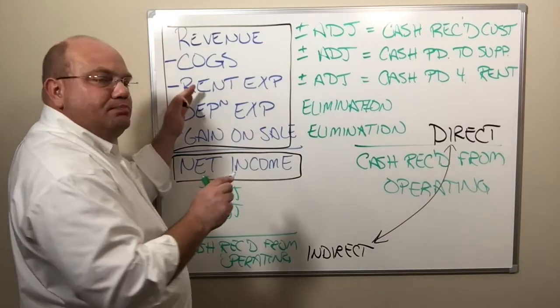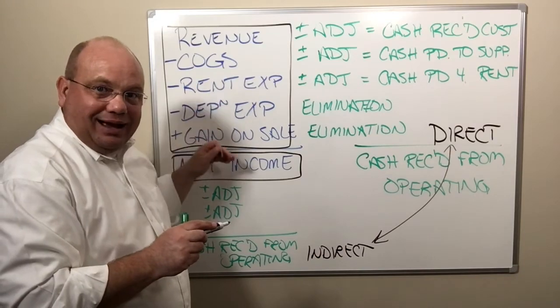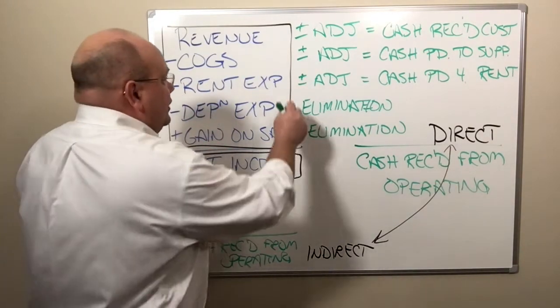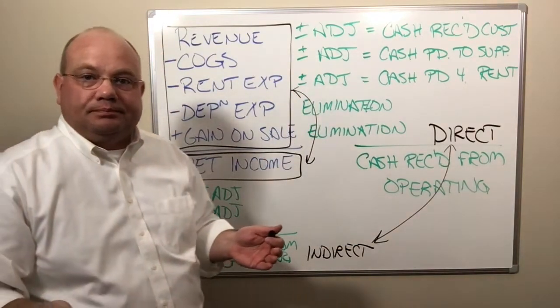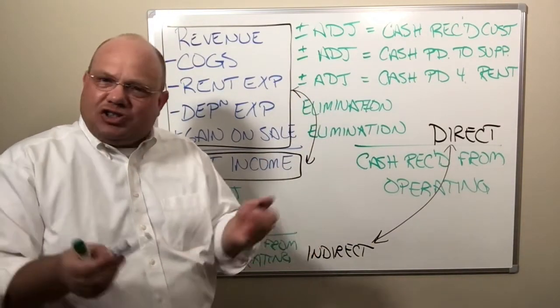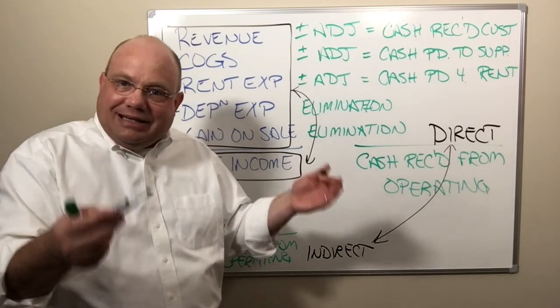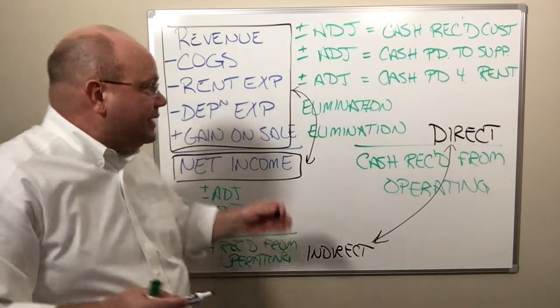If the starting point of the direct method is the individual lines of the income statement, and the starting point of the indirect method is net income, these two numbers are equal to each other. Okay, we have the same starting points, just presented a little bit differently. The income statement has each individual line, and net income is all of those lines added together.